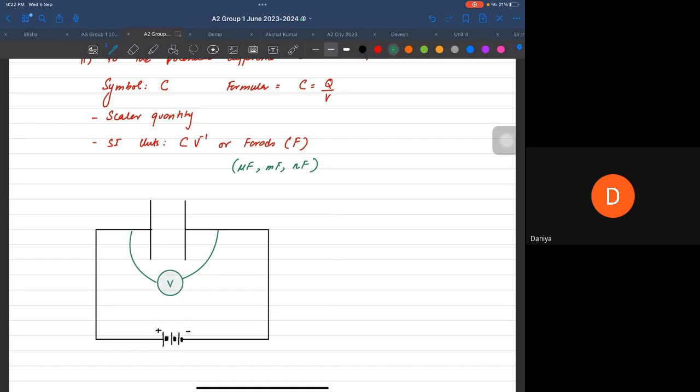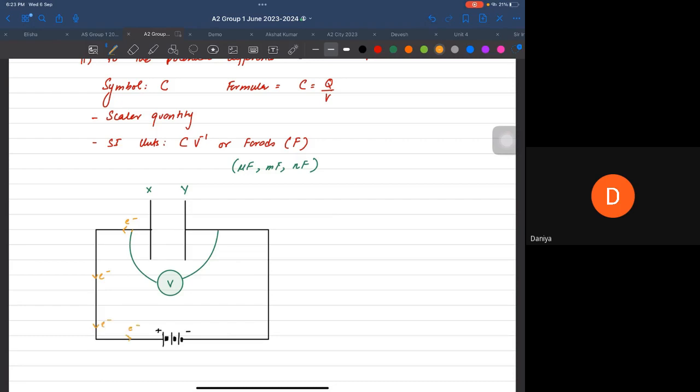Now, check this out, please. In reality, let's suppose you call this plate X and this plate Y. The plate that is connected to the battery being at higher potential, the electrons from plate X are going to leave this plate and travel towards the battery.